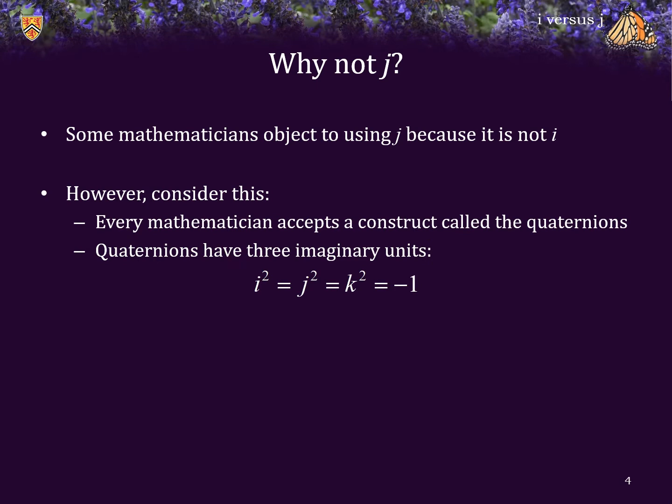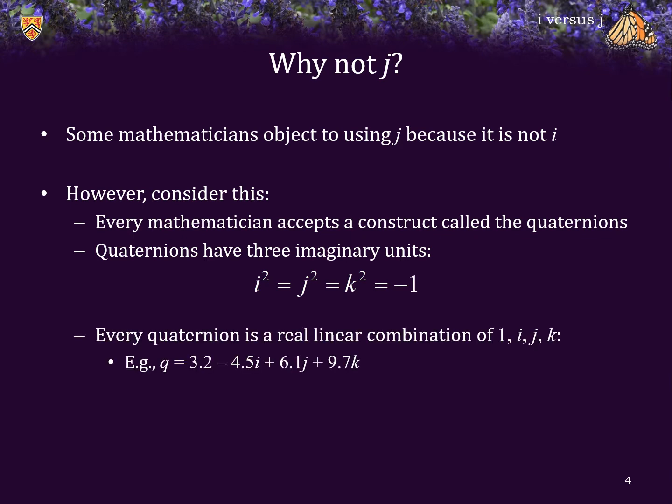We'll see why. Now, the quaternions have three imaginary units, i, j, and k, and these are unique and different from each other. However, they all have the property that each squared equals negative 1. So i squared equals j squared equals k squared equals negative 1.